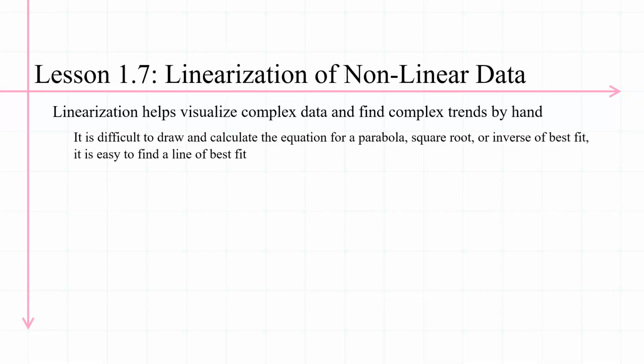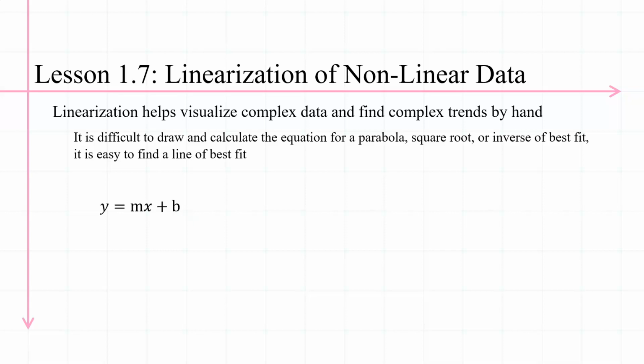You just make sure that there are as many data points above the line as there are below the line. You make sure that they're pretty evenly spread away from where you draw the line. And then once you have a line of best fit drawn, you can find the equation using slope-intercept form very easily as well. So this is just a way to make data more accessible to us and easier to work with.